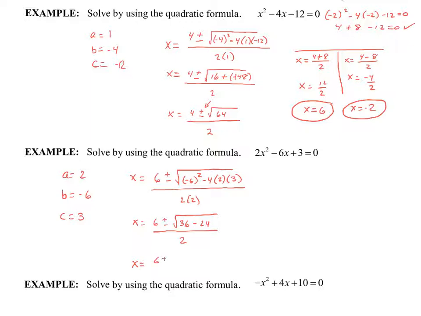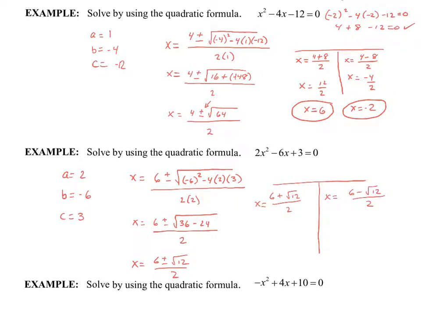I have 6 plus or minus the square root of 12 over 2. And I'm ready to tee it off now. So if I tee this off, I get 6 plus the square root of 12 over 2, and 6 minus the square root of 12 over 2.